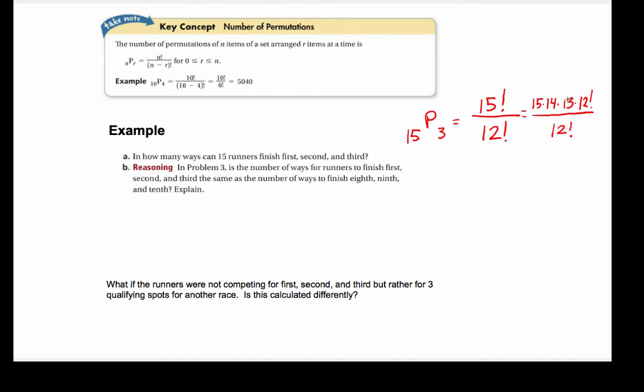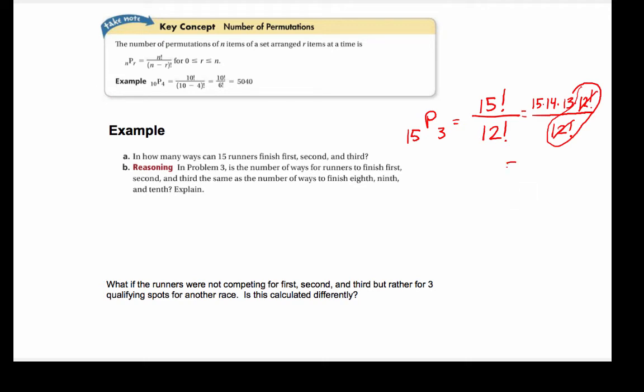So if I just ignore the 15 times 14 times 13 for a second, and I focus on the 12 factorial in the numerator and the 12 factorial in the denominator, that gives me a value of 1. I don't really know what 12 factorial is, but it doesn't matter because I have the same value in the numerator and the denominator.